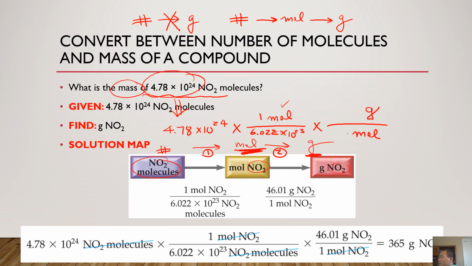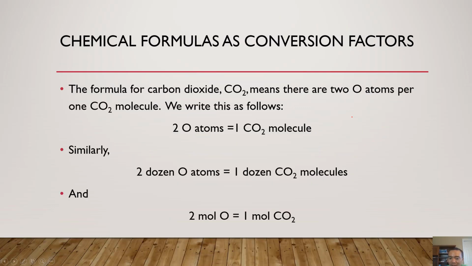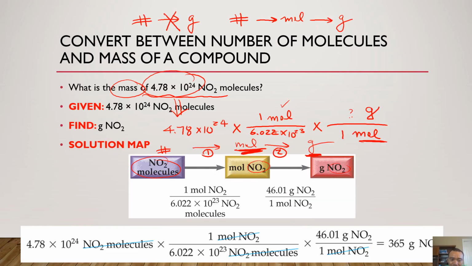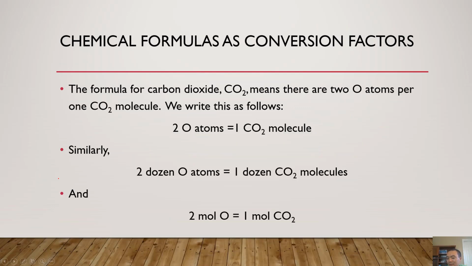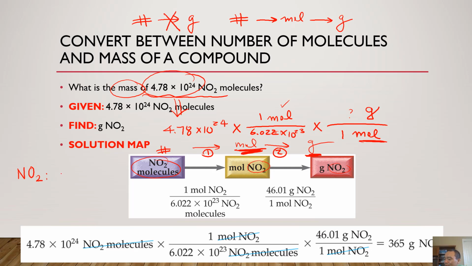So 1 mole of NO2 is how many grams? Remember, the mole and gram relationship is the so-called molar mass. So you need to calculate it for NO2. Okay, NO2 will have 1 nitrogen plus 2 oxygen.